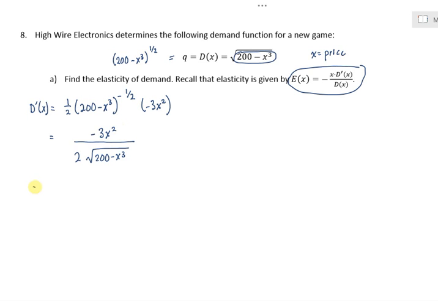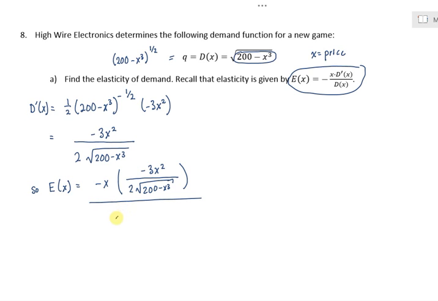Okay, now I need to plug this into my elasticity formula. I have negative x times this whole thing we just figured out. The denominator is 2 root 200 minus x cubed. The numerator is negative 3x squared, all over d.